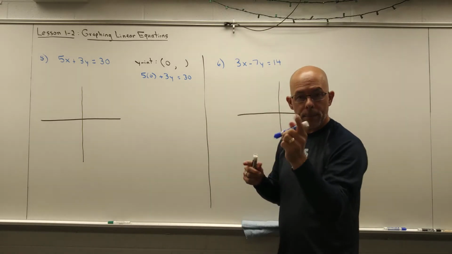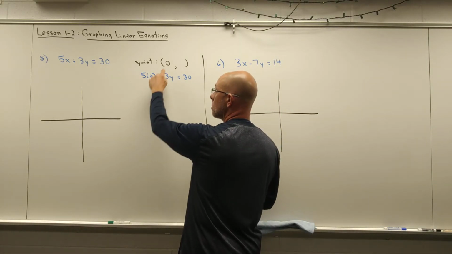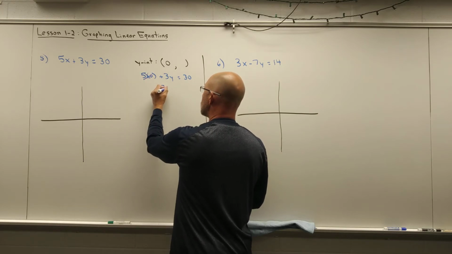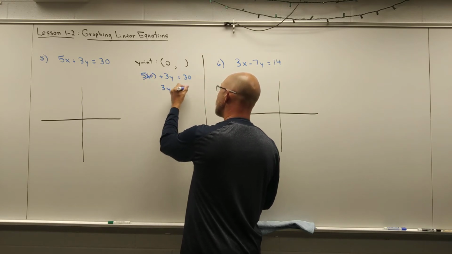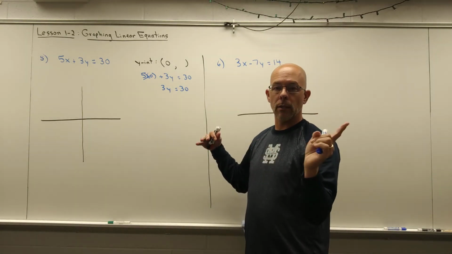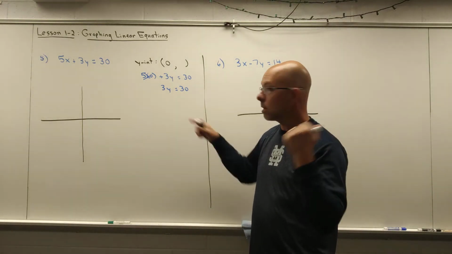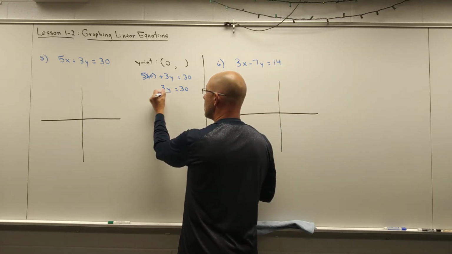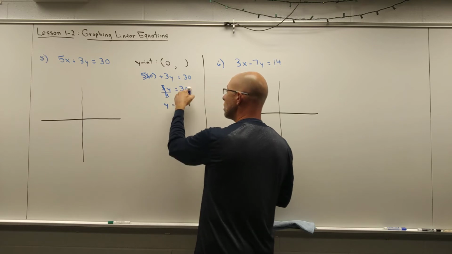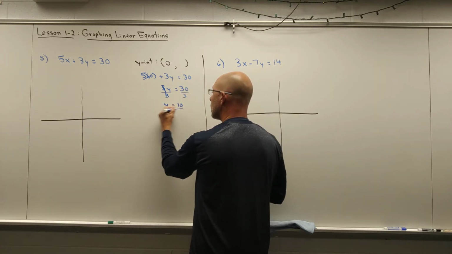And see what's going to happen here, 5 times 0, see, made the x 0, that's 0. So I'm left with just 3y equals 30. An equation that I can solve because you and I learned that in previous lessons. So we just divide both sides by 3, and I get y equals 30 divided by 3, or 10.